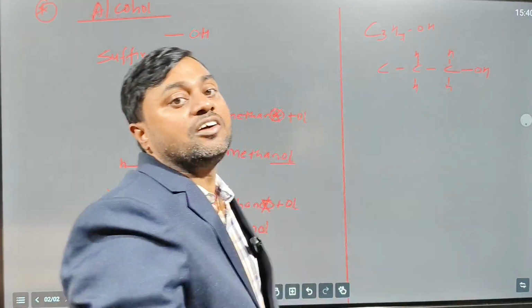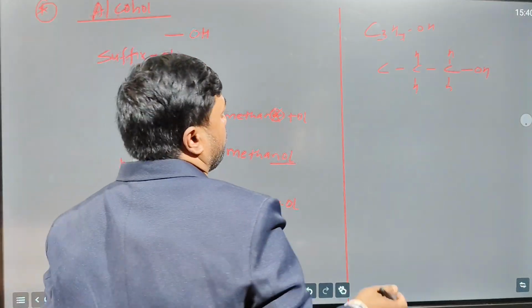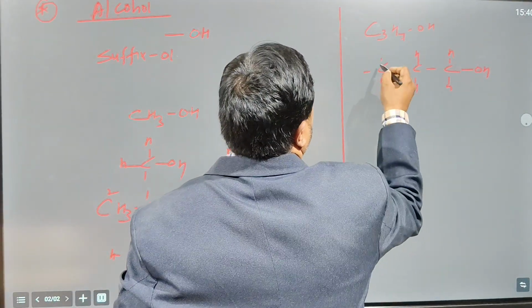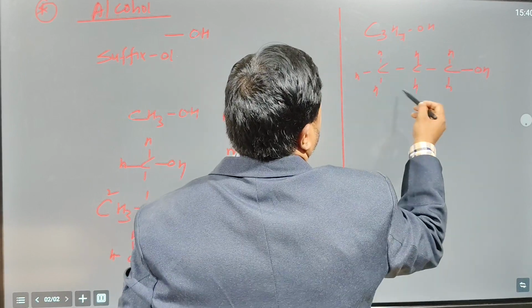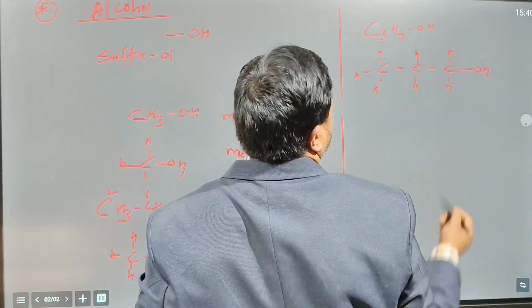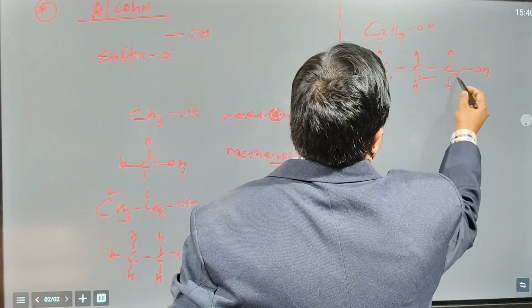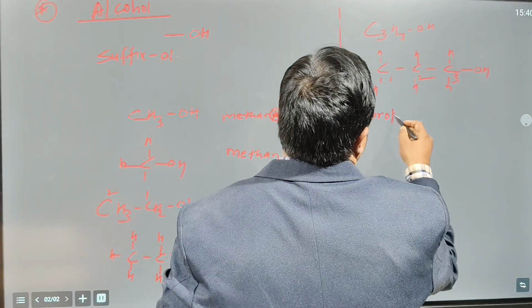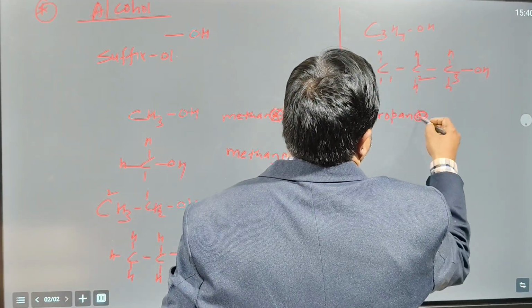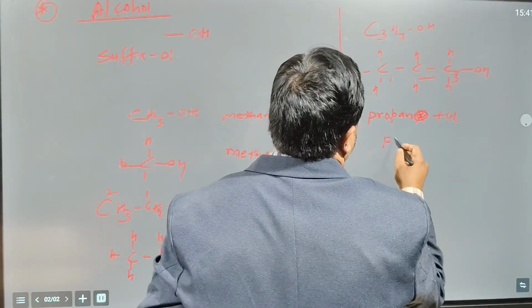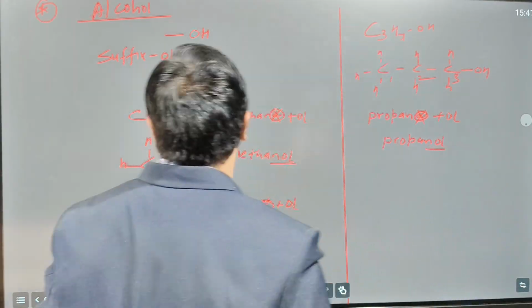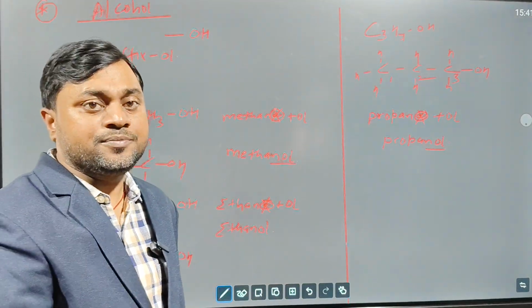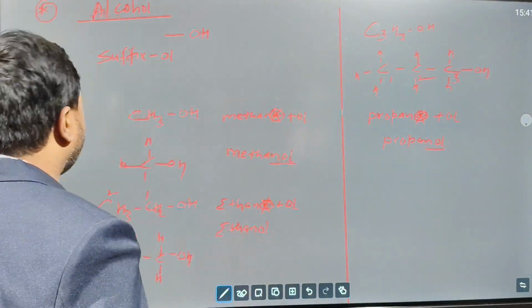You have to fulfill the tetravalency, meaning carbon can make a maximum of 4 bonds. 1, 2, 3 carbon, 7 hydrogen, OH. For 3 carbons we are adding propane, yes or no? We are cutting this E and adding OL. What is propanol? Propanol. Is it clear? In this way, we are naming the alcohol.